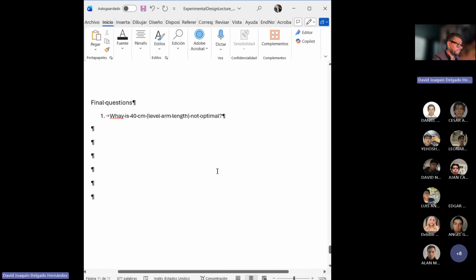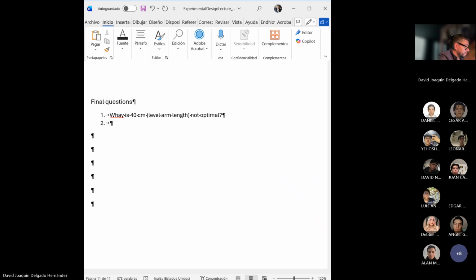The second question has to do with what would happen if we had only tested 30 and 40 centimeters of lever arm length.